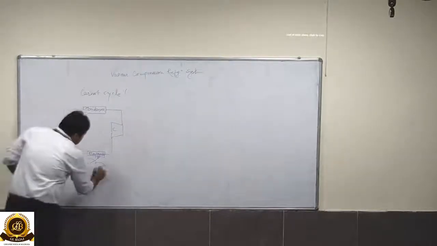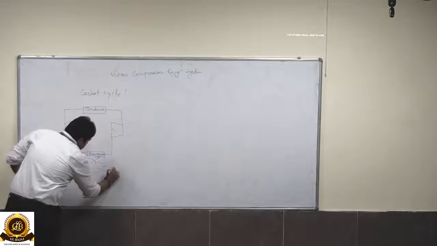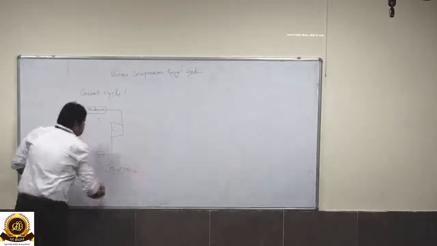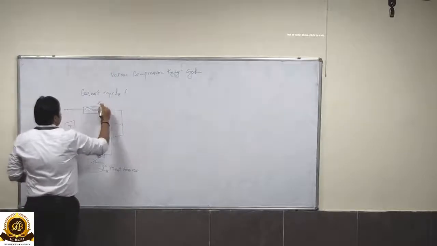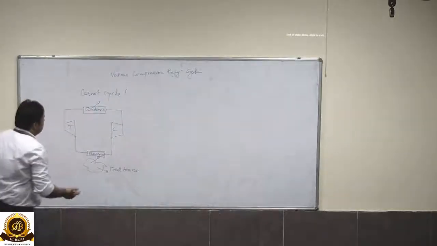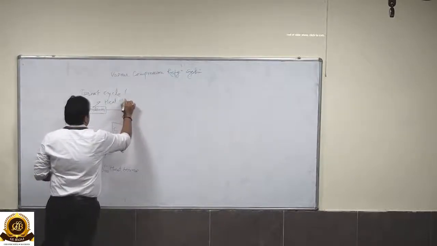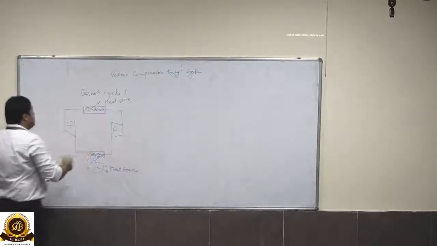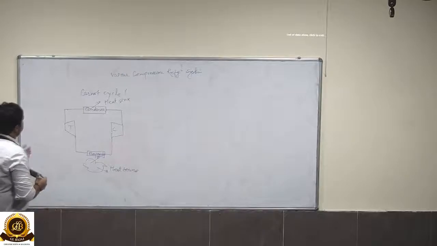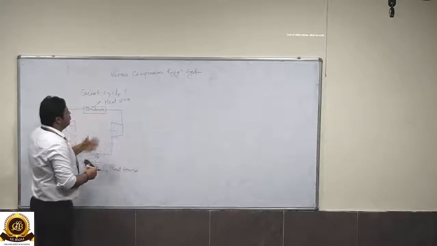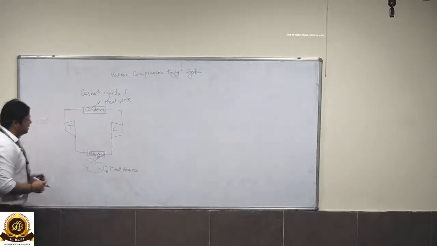This part is also known as the heat source, while the part where heat rejection takes place is called the heat sink. So in the reverse Carnot cycle, which is the base of the vapor compression cycle, the condenser is known as the heat sink, while the evaporator is the heat source.